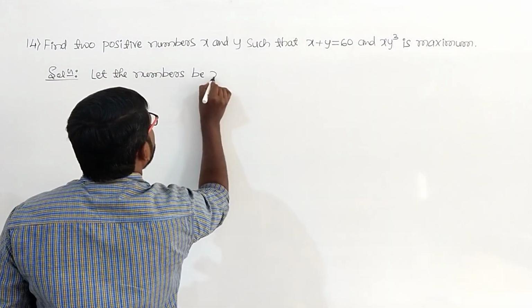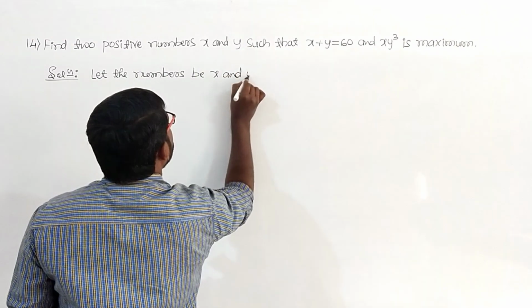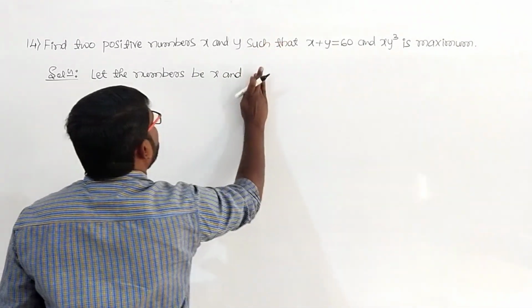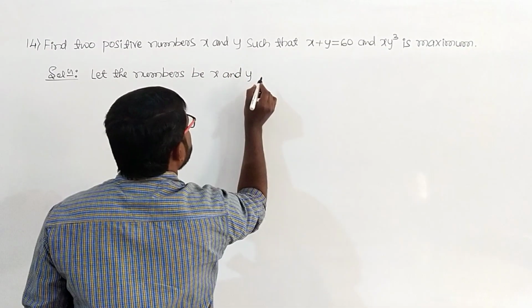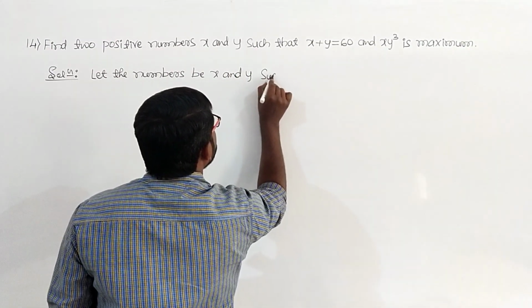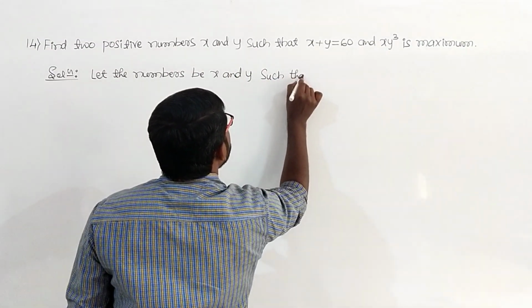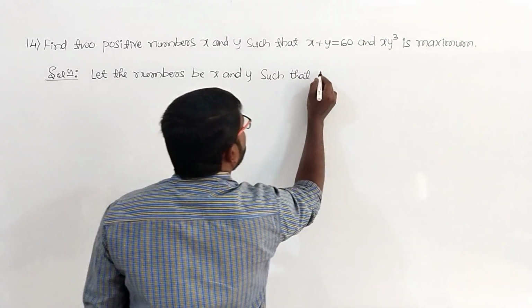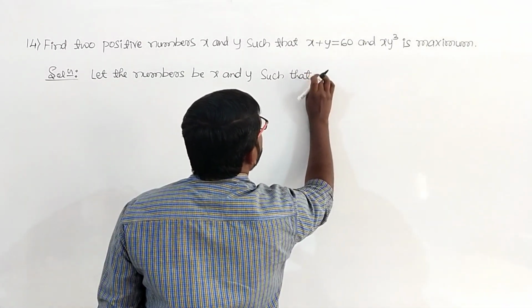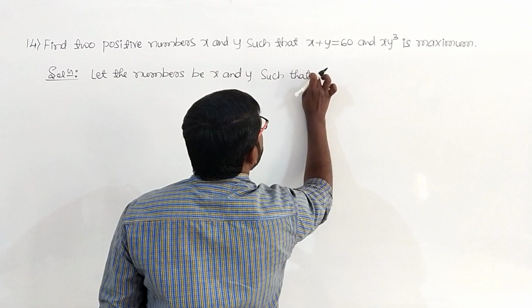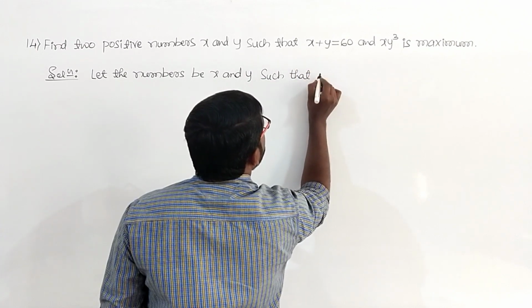Let the numbers be x and y such that x plus y equal to 60.